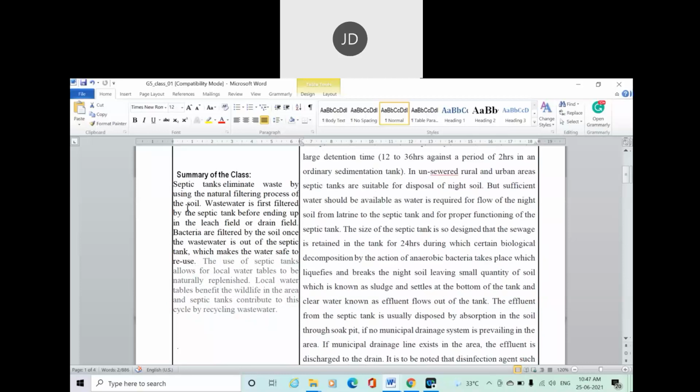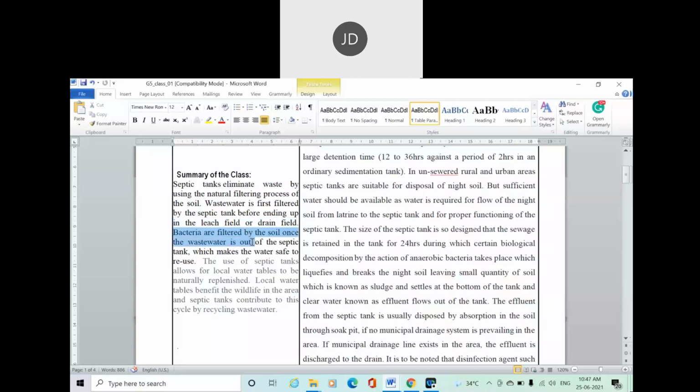Here the term soil is used for the waste, because it is night soil. So the septic tank eliminates the waste by using the natural filtering process of the night soil. The wastewater is first filtered by the septic tank before ending up in the leach field or drain field.